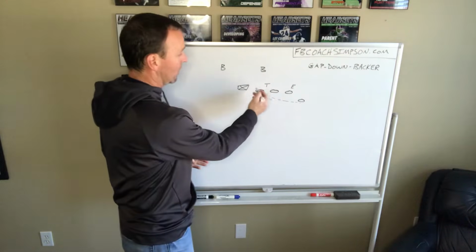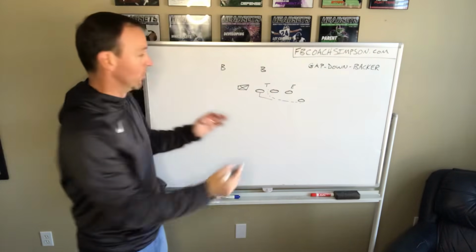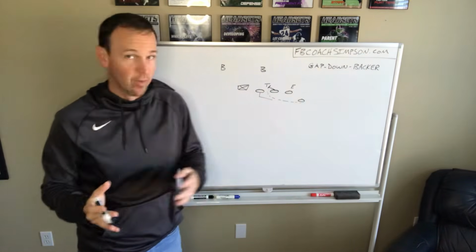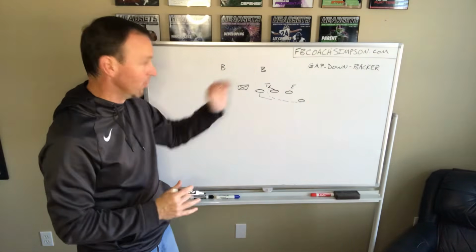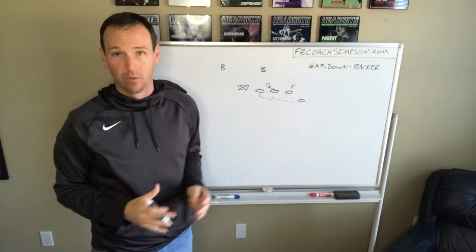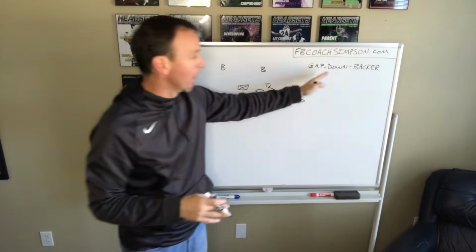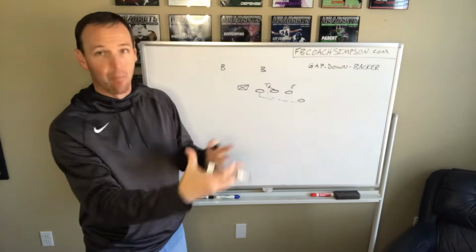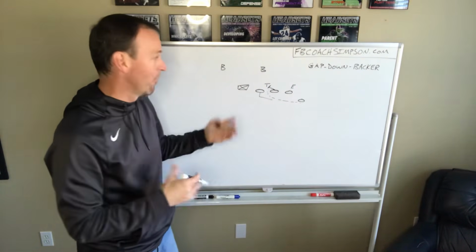So a 3 technique or a 2, either one of those would tell our tackle, I have him. I have a guy in my gap, or if he was in a 2, I have a guy down. So I'm going to take that. I will not progress to the backer. I'm going to block down, or gap.